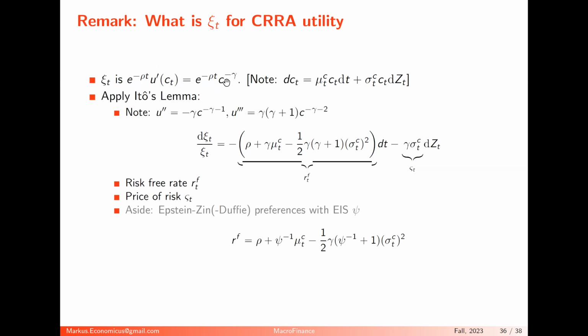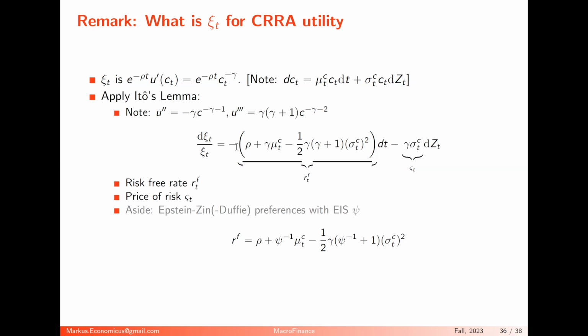Now I know what the C process is. It's this guy here with geometric notation. And I then can say, okay, what is then the process of this guy here? And it turns out this is my favorite formula in all of finance. Just to let you know.